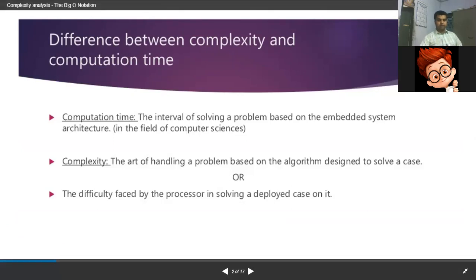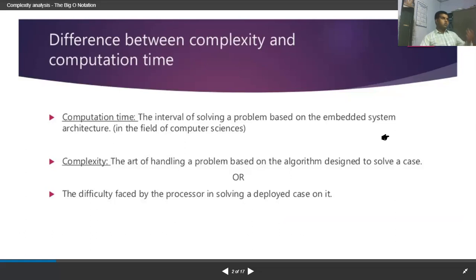But this doesn't mean that just to have a shortcut process of computation you will develop a complex code. That also doesn't make any sense. So that is the difference which is discussed here.